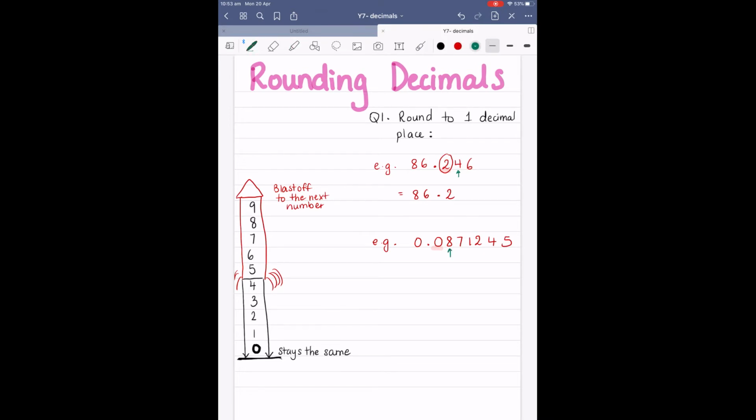However, the next number is a number 8. And looking at the number 8, it's in the red part of the rocket. That means it has enough power to blast off. So my 0 blasts off to the next number, which is a number 1. Easy peasy?